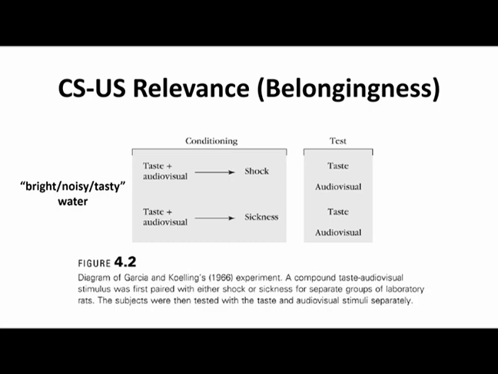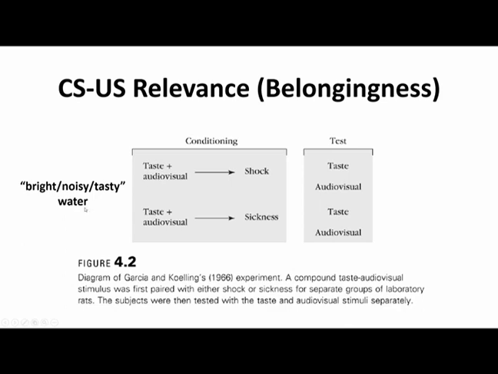So in this experiment, our subjects are rats, and we're looking at how their exposure or conditioning with a compound stimulus leads to associations with different kinds of unconditioned stimuli. So in this case, our compound stimulus is a taste and an audio-visual stimulus.